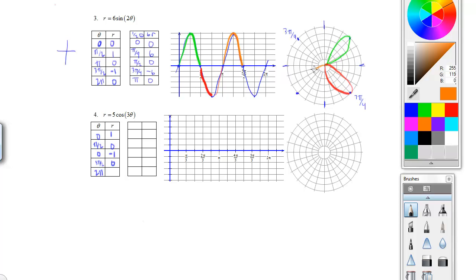So this is pi to 3 pi over 2 gives me this petal. And then between 3 pi over 2 and 2 pi gives me this petal. So again, fairly sloppy. That's this part. But hopefully that gives you an idea of how we got that.